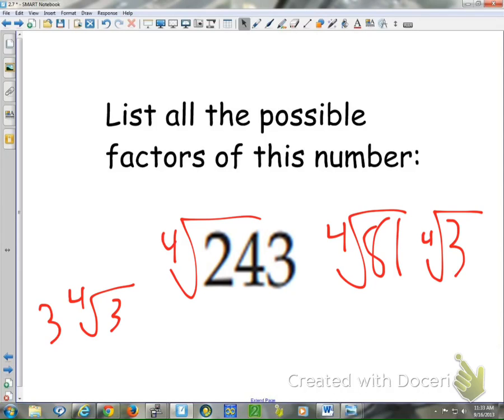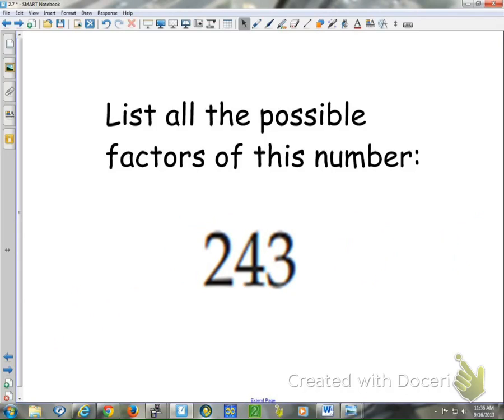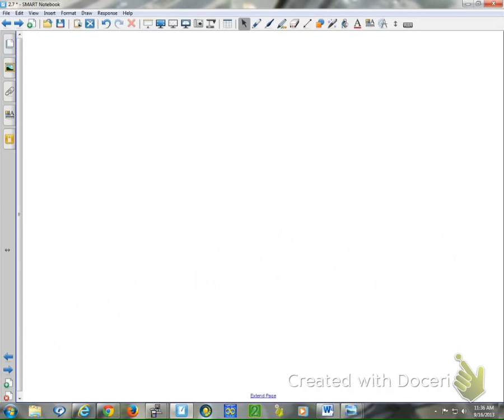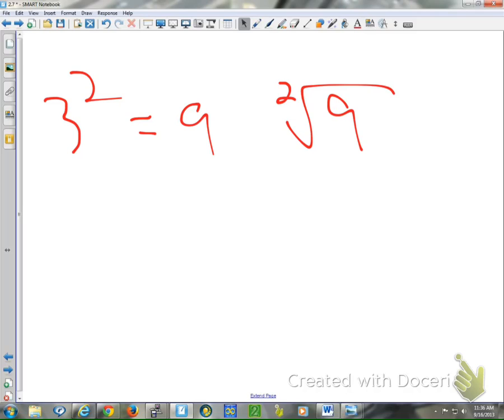Now, it might help you to know that an exponent and a root are complete opposites of each other. You know how addition has subtraction, multiplication has division, everything has a counterpart? Well, roots and squares and things like that are the same. Like, what's 3 squared? 9. What's the square root of 9? 3.